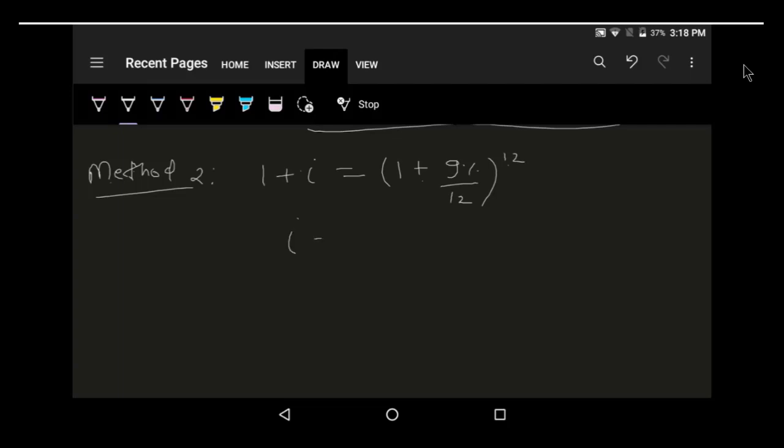So my i will be 1.0075 to the power 12 minus 1, which will be 9.381%.